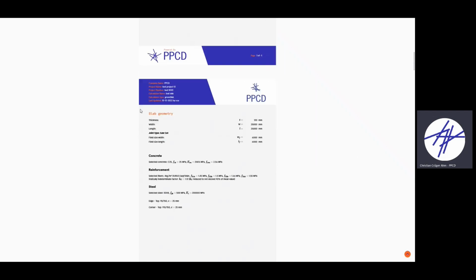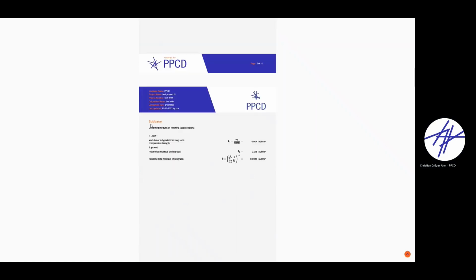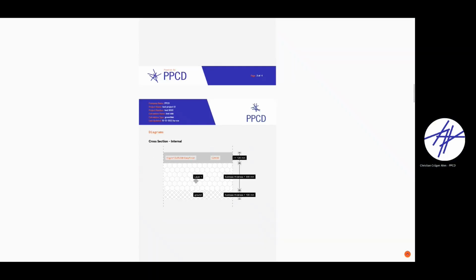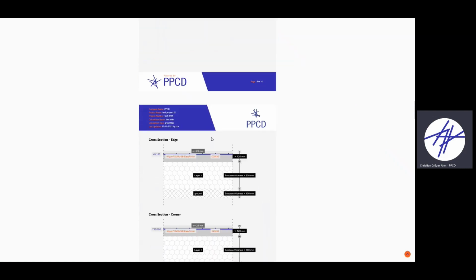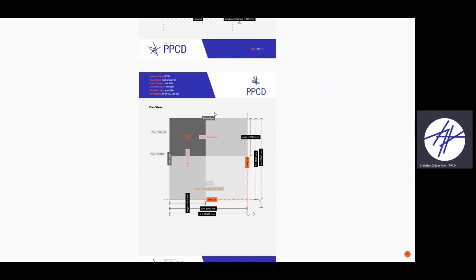So from the start, it'll say the geometry as you've defined it, your material properties, your sub-base properties, for each of the layers as you've defined it, what the stiffnesses are, the diagrams of your choices, here the internal cross-section, here the edge cross-section, and also the corner cross-section, and of course the plan view specifying what those areas actually mean in terms of the overall slab.